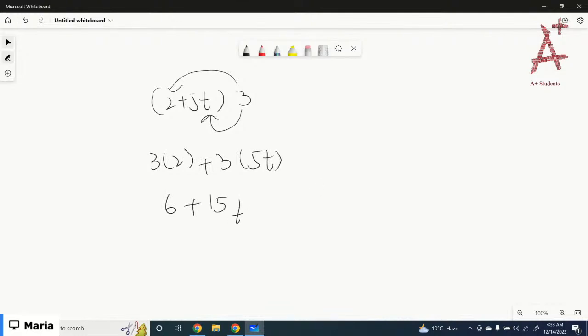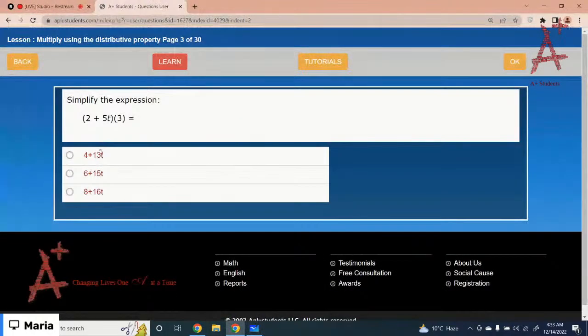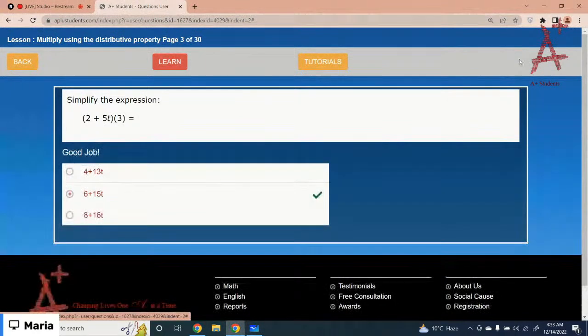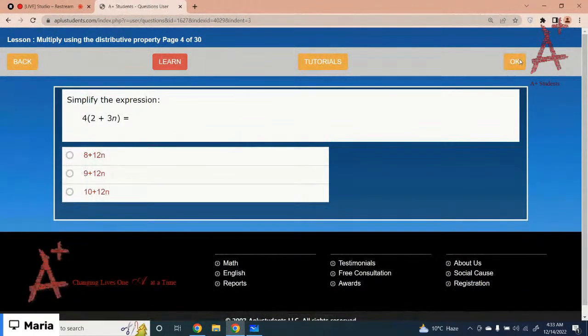So it would be 6 plus 15t. Just select the correct option, then click on the OK button. Okay, the next one is 4 times (2 plus 3n).